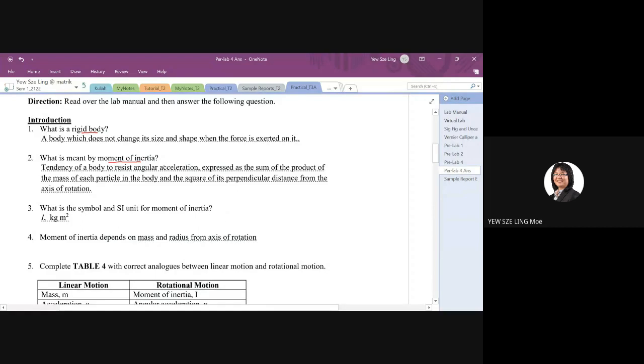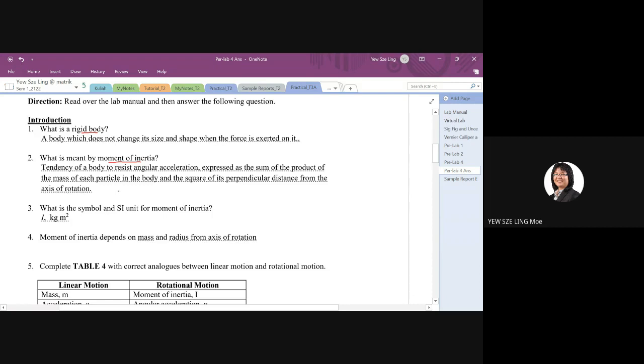Now, what is the meaning of moments of inertia? Moments of inertia is very similar to the inertia in our chapter 3. It is a tendency of an object. If you look at the definition, it says it is a tendency of a body to resist angular acceleration, and expresses that as a sum of the products of the mass of each particle in the body and the square of its perpendicular distance from the axis of rotation.